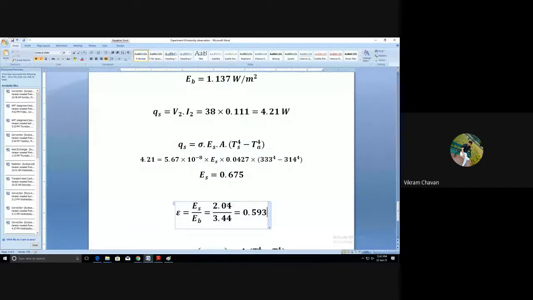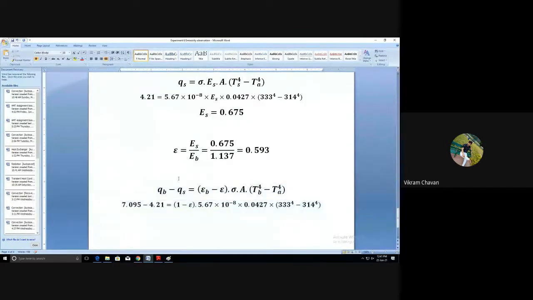And now calculate this emissivity. 0.675 divided by 1.137 is 0.593. Right? That is correct. Then do the calculation for this now: 7.095 minus 4.21.